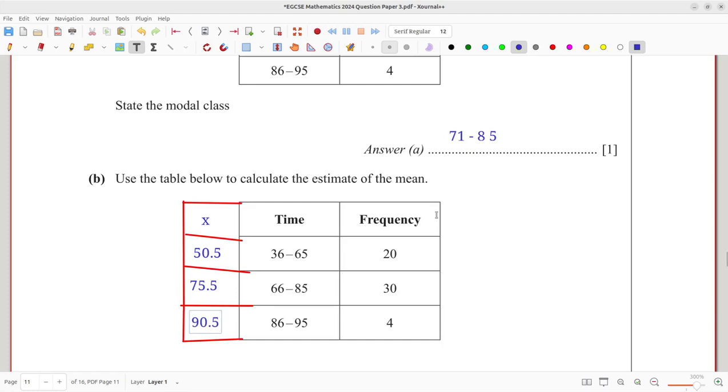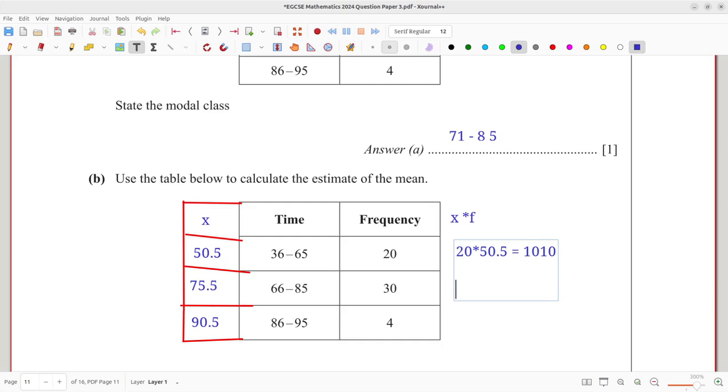Then you are going to find your xf. xf is x times f. We are multiplying the frequency by x. So if you multiply 20 times 50.5, this is giving us 1010.